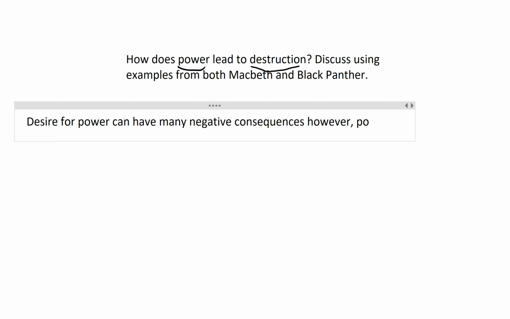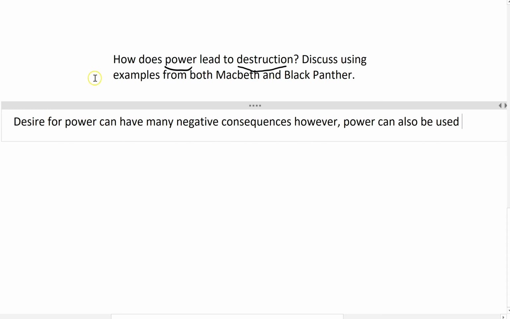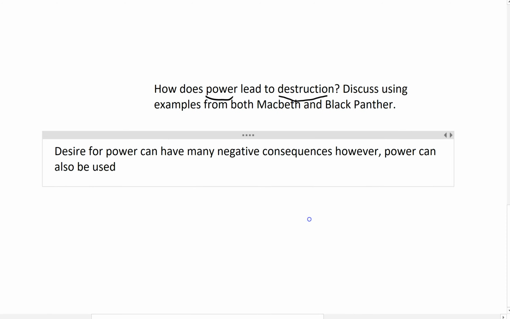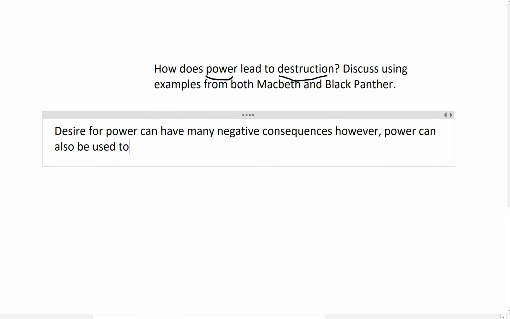However, power can also be used, and I might make some sort of qualifying statement that power can also be used to help the marginal, that means the powerless, let's use that word, help the powerless in society. It can also be used to help people.